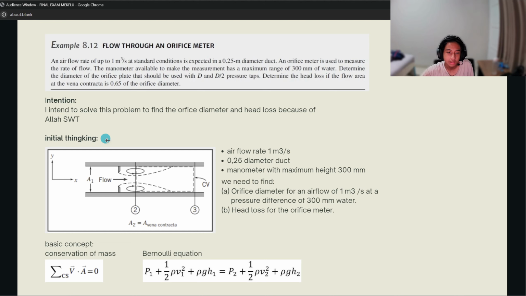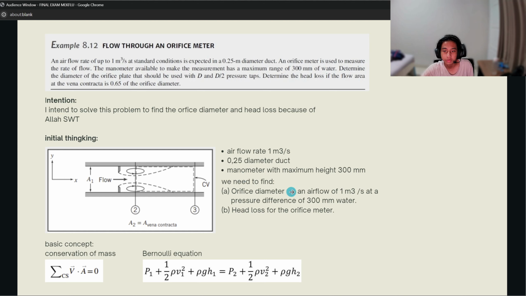Basically, an orifice meter looks something like this, which has a diameter, where the airflow in this case is 1 m³/s in a 0.25 meter diameter duct, and the manometer has a maximum height of 300 millimeters.